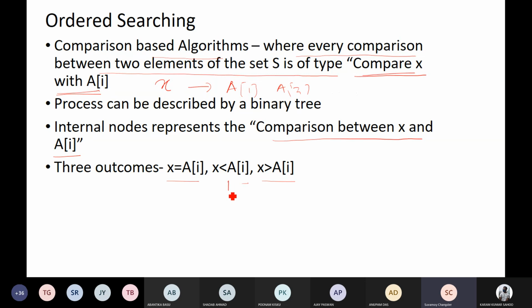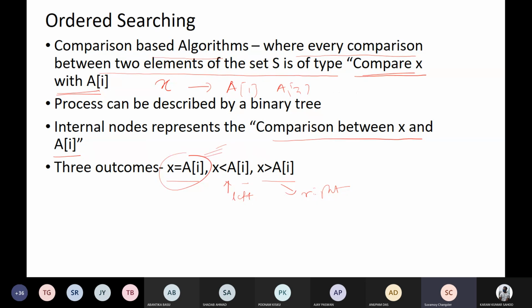So if X is less than AI, we say it will go to the left branch. If X is greater than AI, it will go to the right branch. And if X equals AI, this is the internal node, and we say the search is successful.